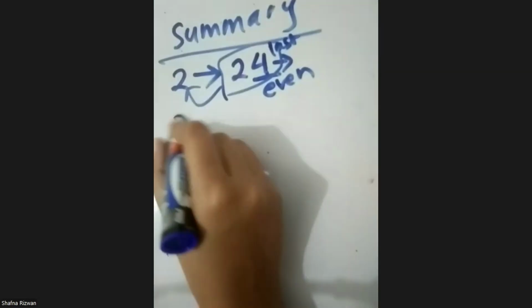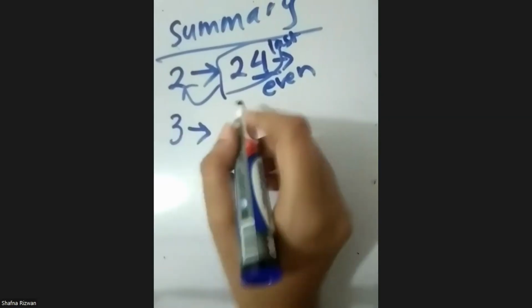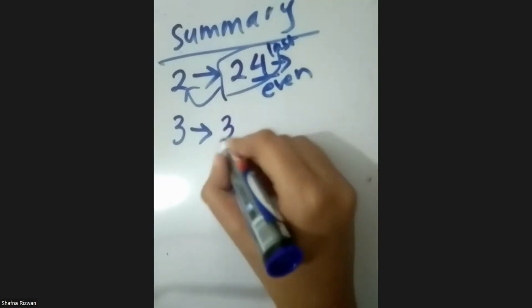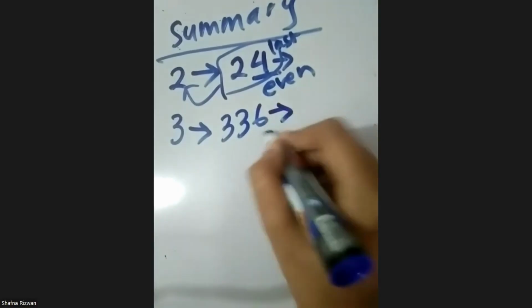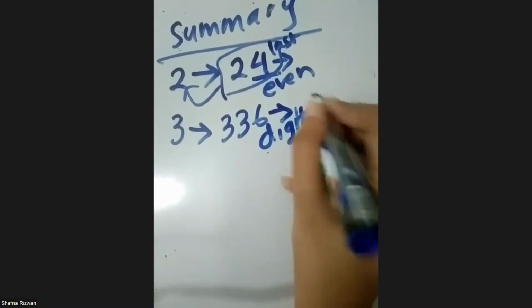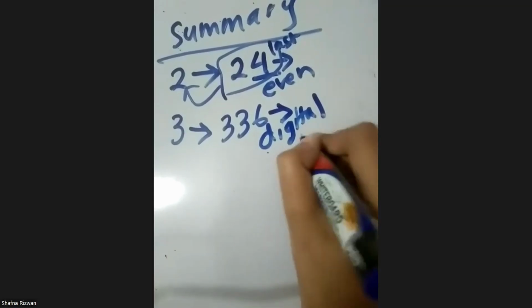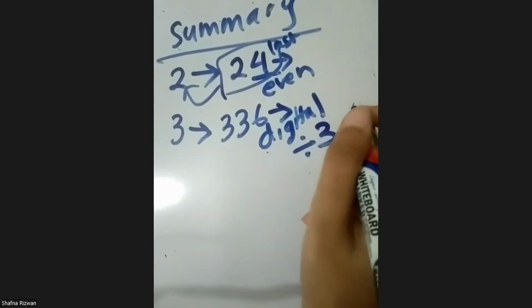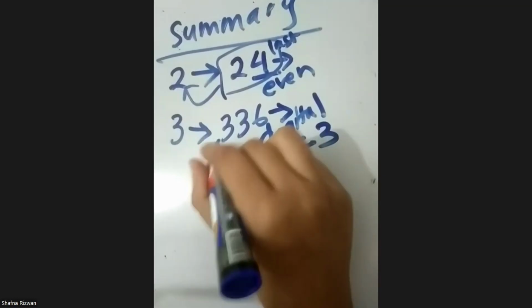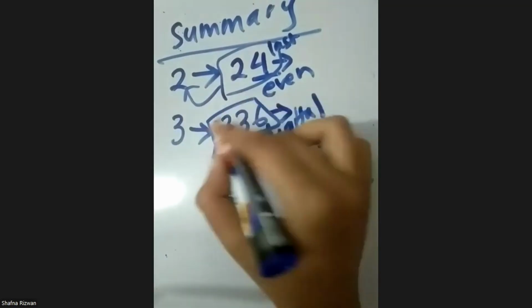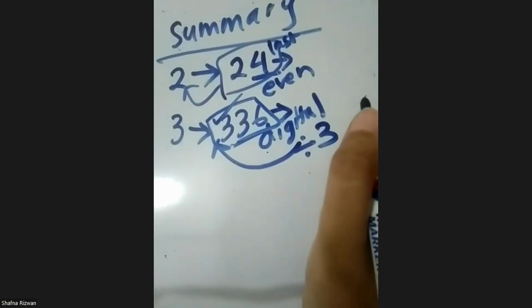And when it comes to the divisibility rule related to the number 3, always remember that when you are taking a number, if its digital root is divisible by 3, that means the whole number automatically becomes divisible by 3.